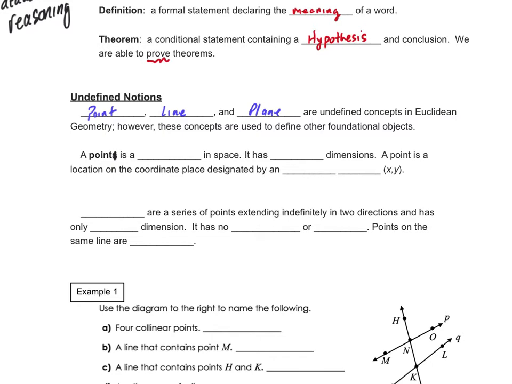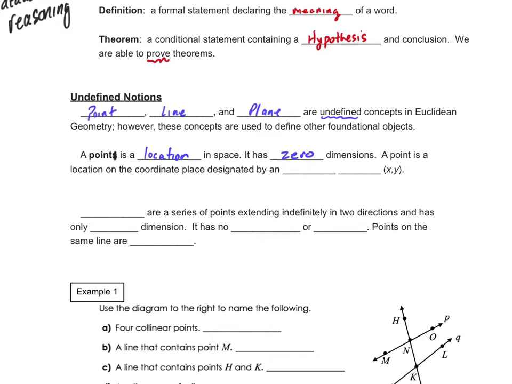These undefined concepts are used to define other foundational objects. So a point is a location. It's a location in space, and it has 0 dimensions, okay?